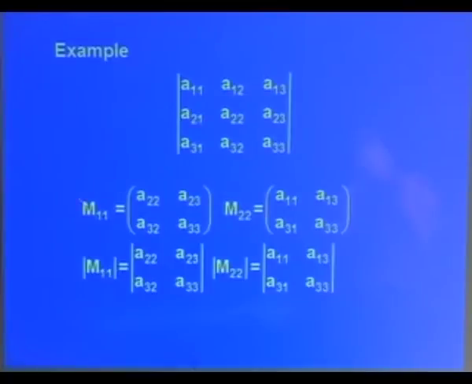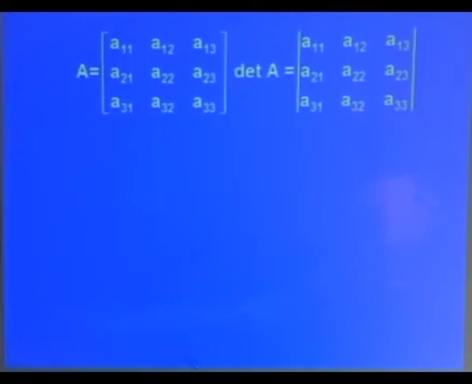M11 and M22 are submatrices. M11 is the determinant of this, while M22 is the determinant of this submatrix formed by A11, A13, A31 and A33.